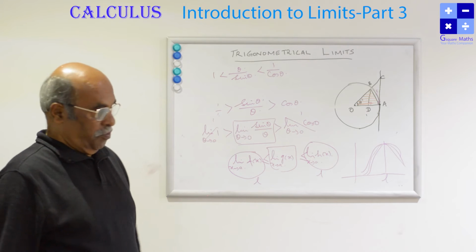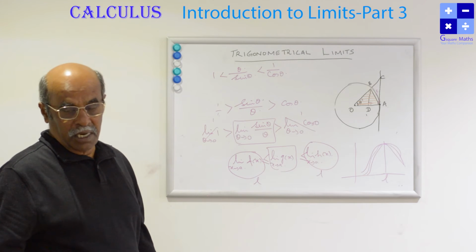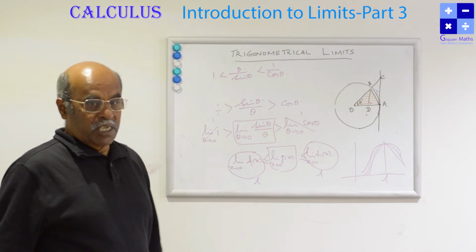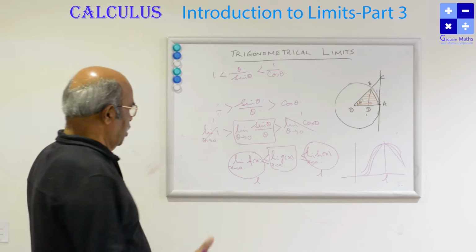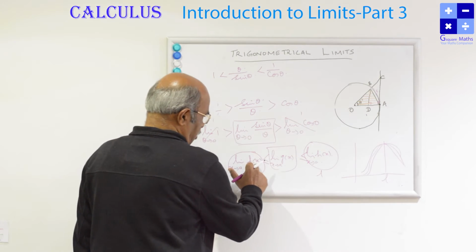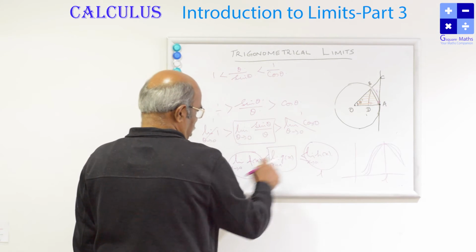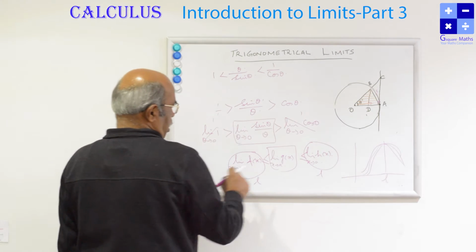This theorem we are accepting as it is up to 12th standard, and we will be proving it at the higher college level. So the sandwich theorem states that if f(x), g(x) and h(x) are three functions such that f(x) is less than or equal to g(x), less than or equal to h(x), and the limits are equal, then this value will be equal to L.